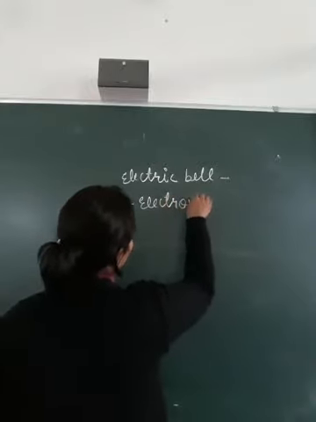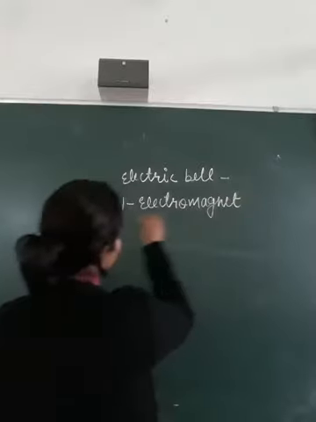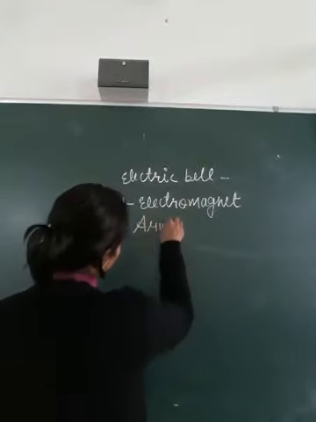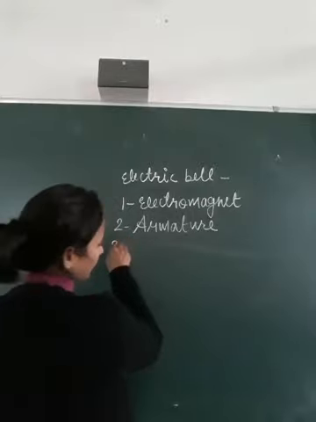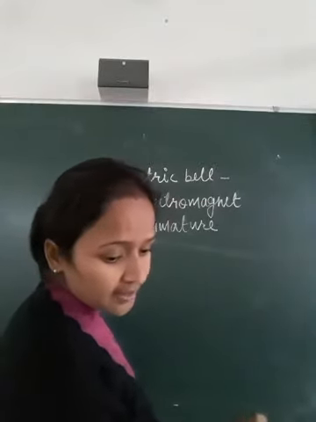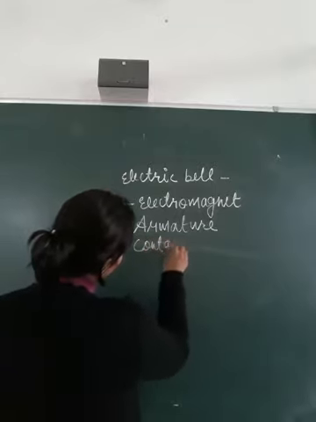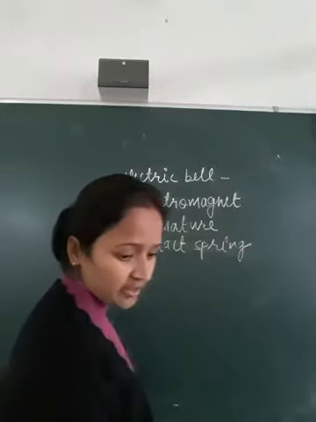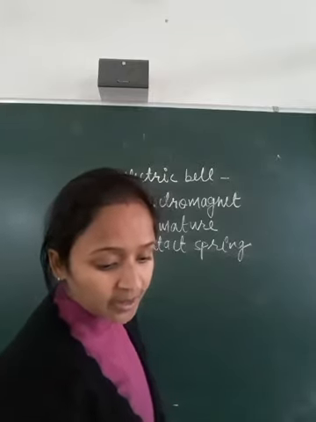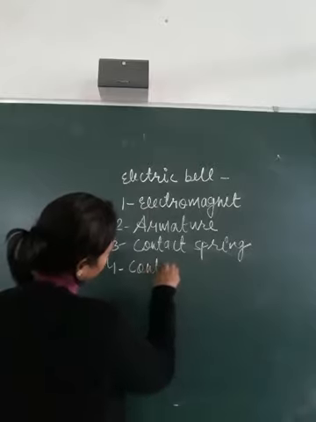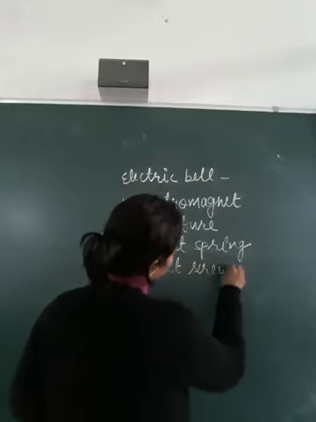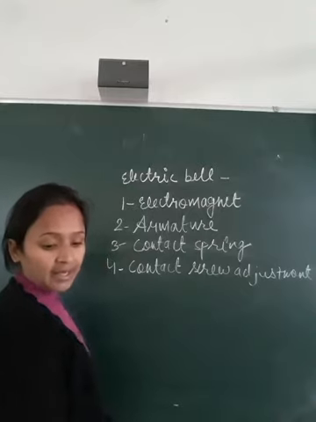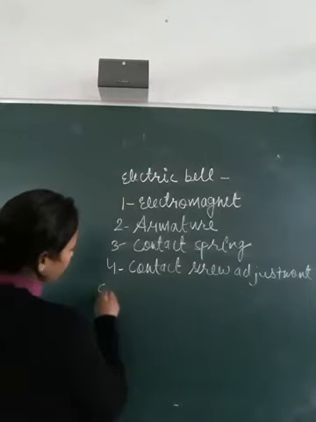First one is the electromagnet, second is the armature, third one is the contact spring, fourth is the contact screw adjustment, fifth one is the hammer and gong.